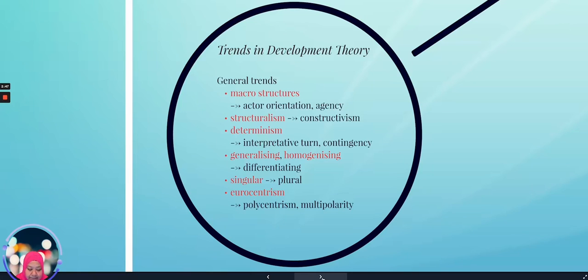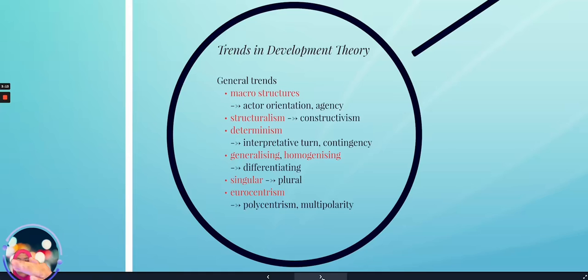So basically, before the Cold War ended, we have macrostructures as a way of developing something. We have structuralism, we have determinism, we have generalizing or homogenizing, we have singular, and we have Eurocentrism.